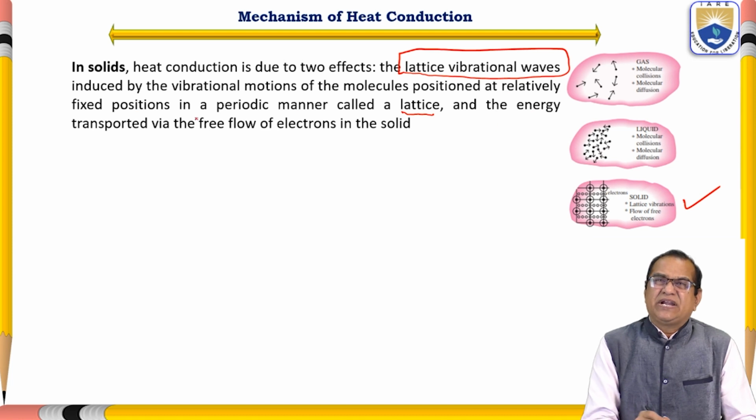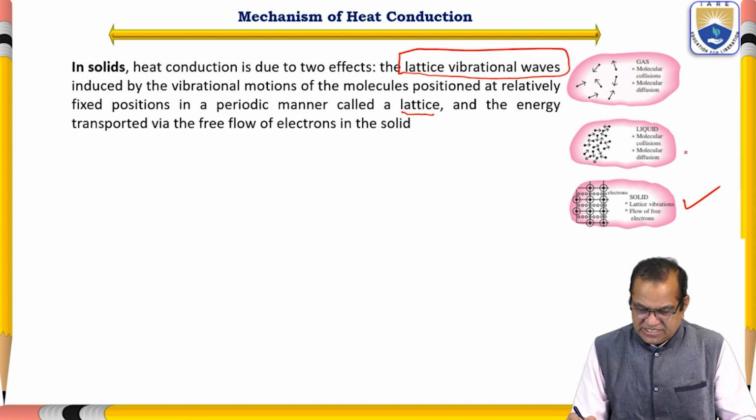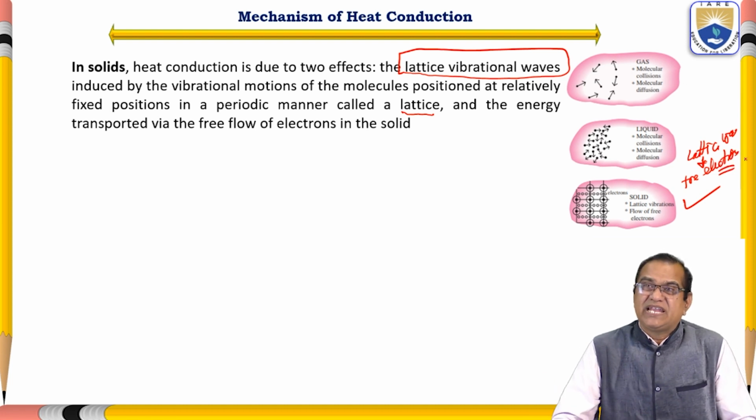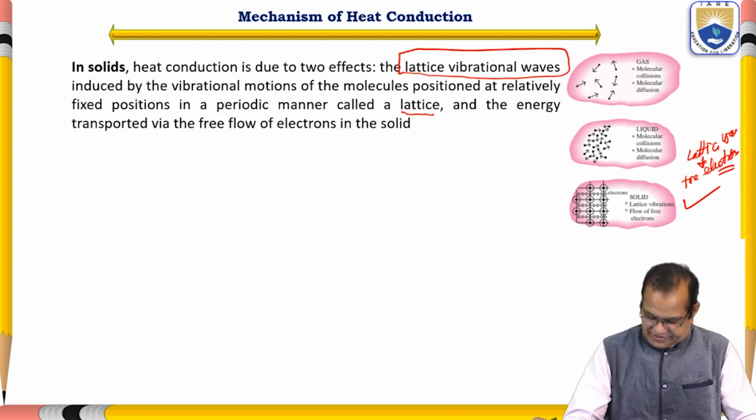The second is energy transported via the free flow of electrons in the solid. So one is by the lattice wave, and another is energy transported by free electrons. These two ways are there by which energy is transferred in solids.